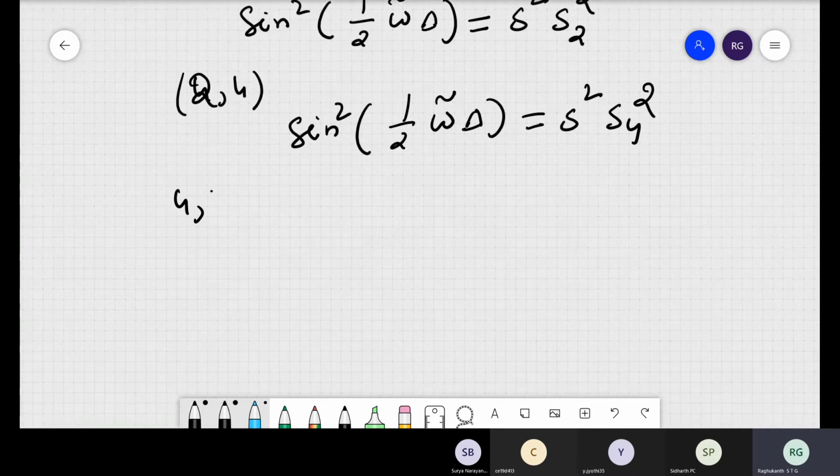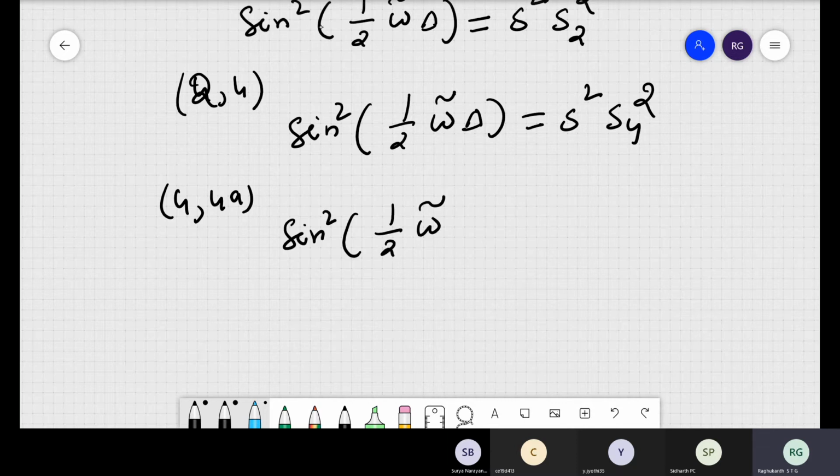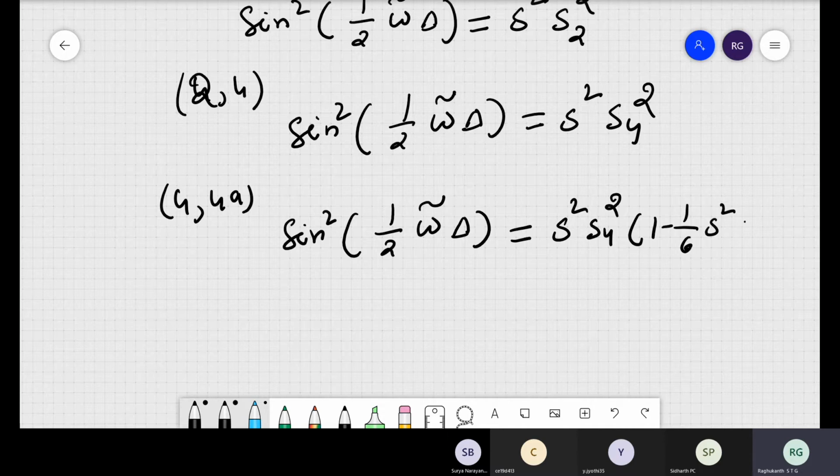Now we have done 4,4a and 4,4b. For these also you can derive the same expressions just by substitution: s square into s4 square into 1 minus 1 by 6 s square into s4 square whole squared.